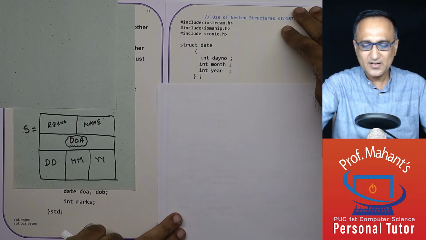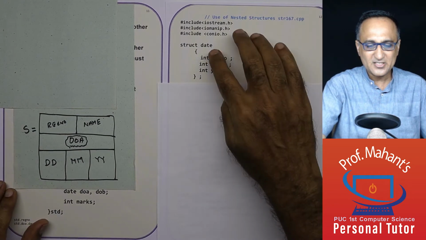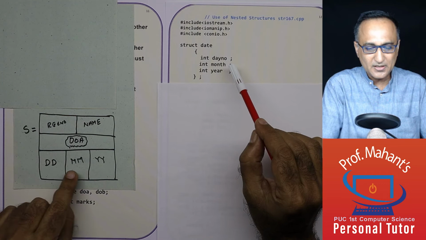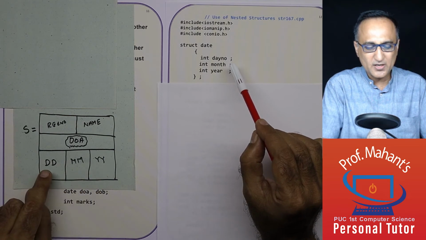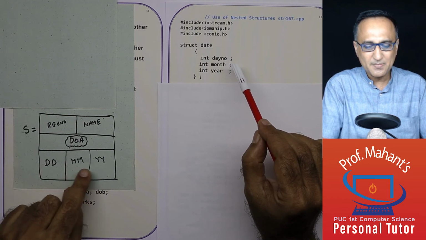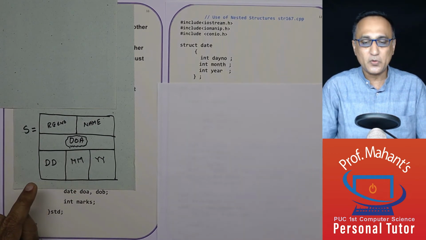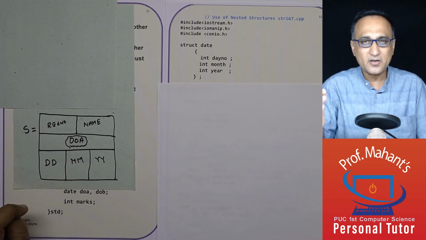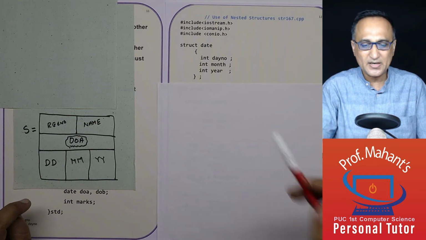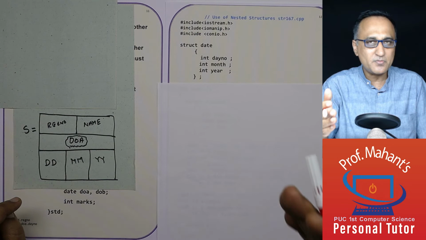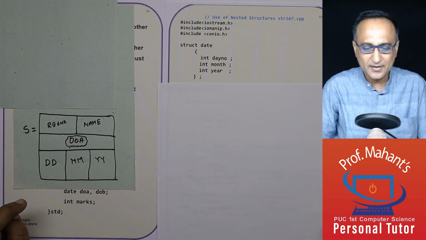First I have defined a structure called date, which has three members: day number, month, and year. I've just shown day as DD, month as MM, and year as YY. All three happen to be integer type variables. So day number I may enter 1, 2 all the way till 31. Month again may be from 1 to 12. Year can be from 0 to whatever year you want to enter.